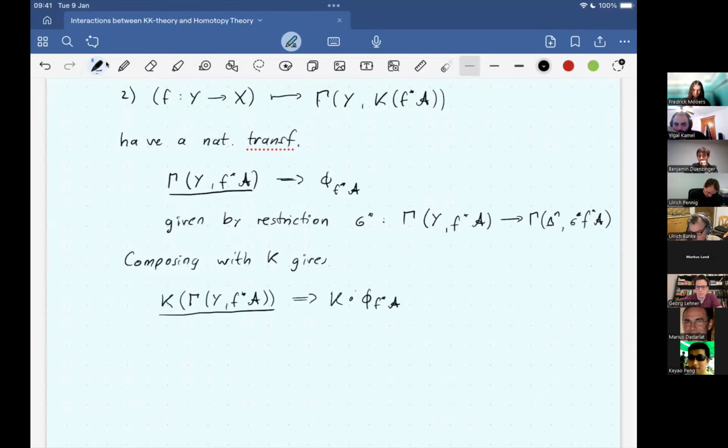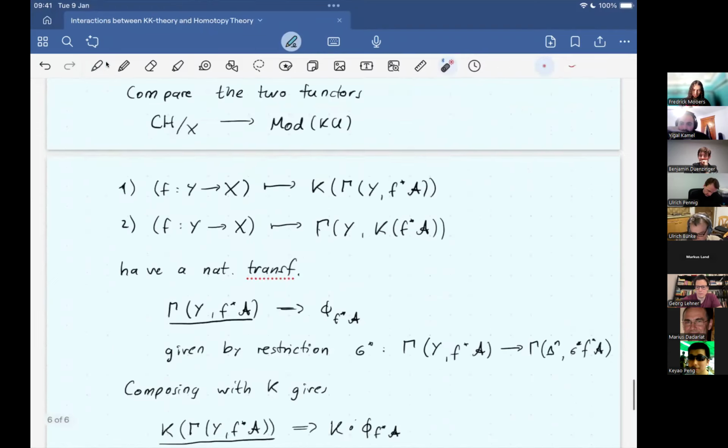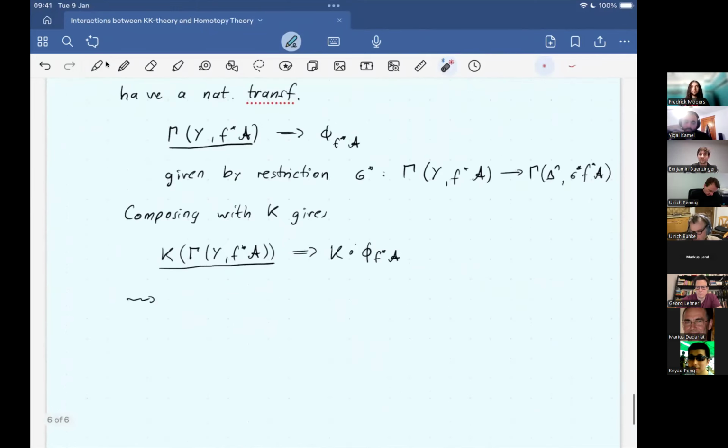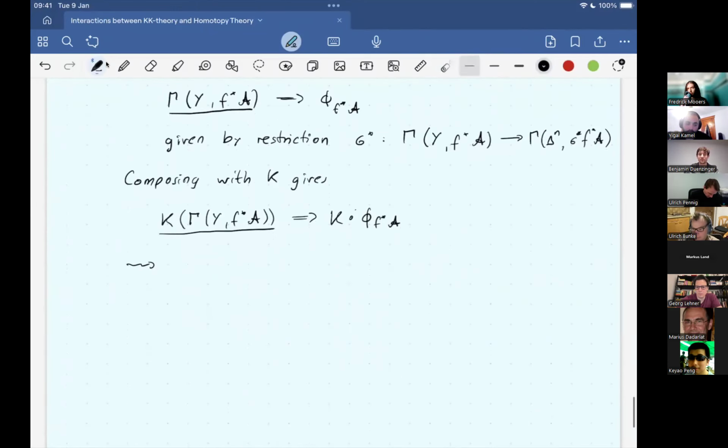And then using the fact that we have defined the right-hand side here as the limit, we get a map rho f from here to gamma y k star a.